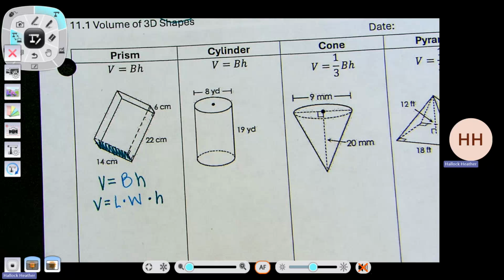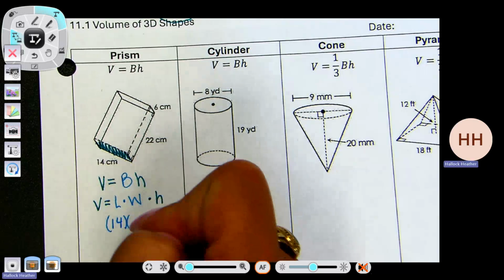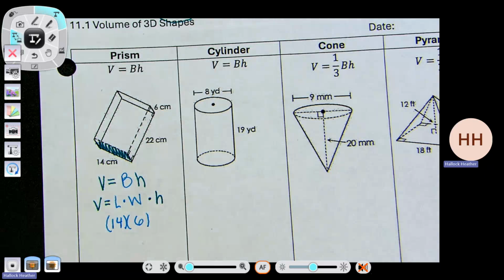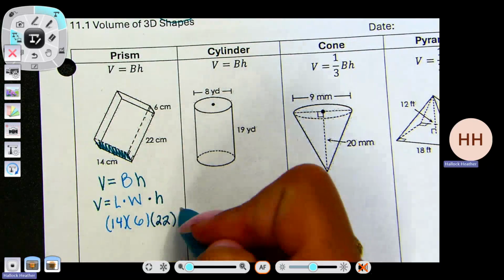But what is the length of the base? 14. What's my width of my base? 6. What's the height of the overall shape? 22. And so we're just going to multiply these.